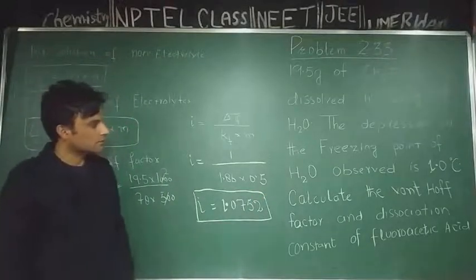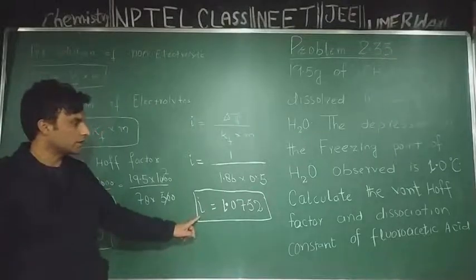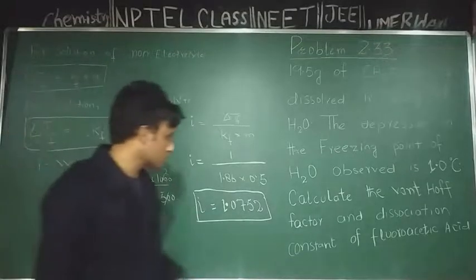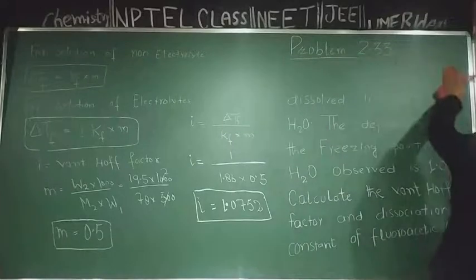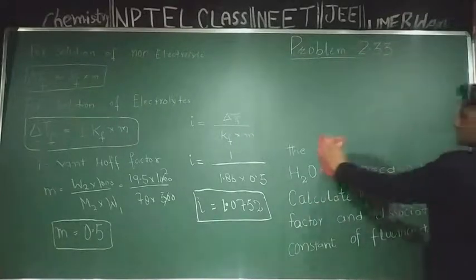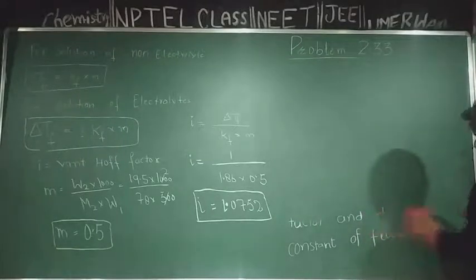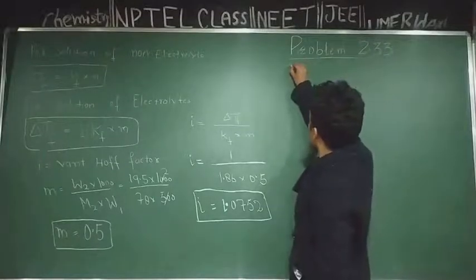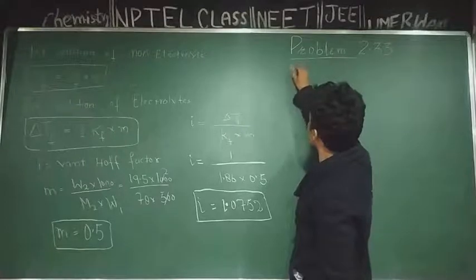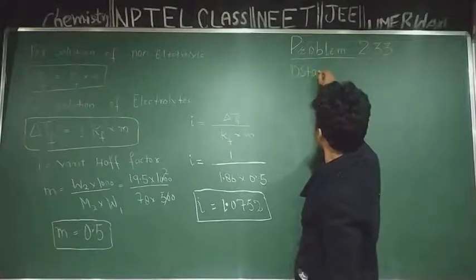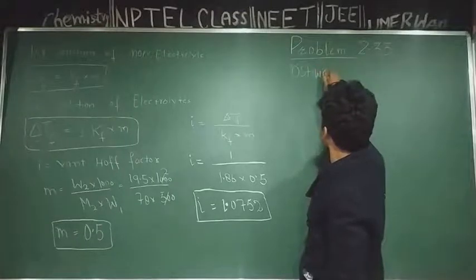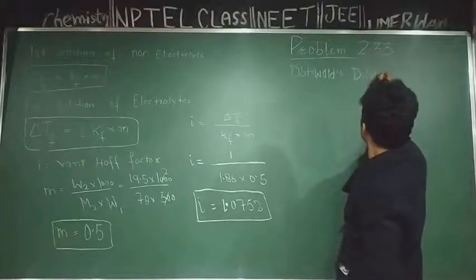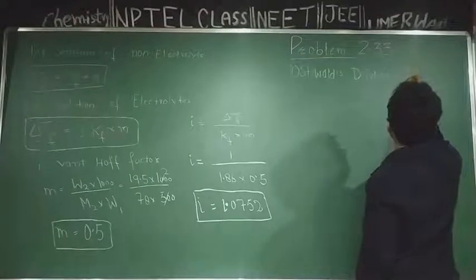Not only we have to find value of I for this solution, we have one more parameter to determine, that is dissociation constant of fluoroacetic acid. Here we have to use Ostwald's dilution law.